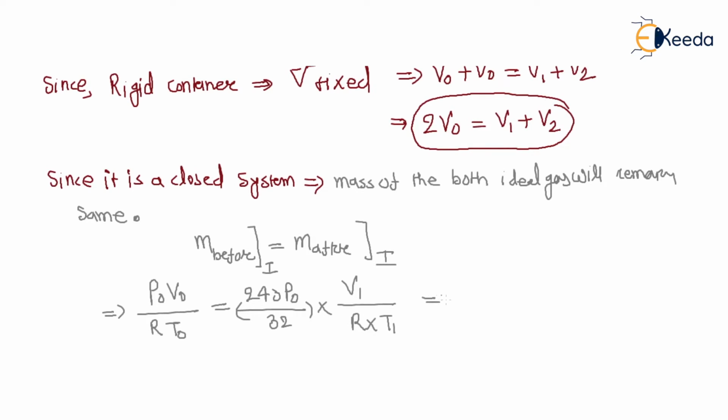So if you calculate the final volume after expansion for the left compartment, V1 is 32 by 243 into T1 V naught by T naught. This is the first volume.